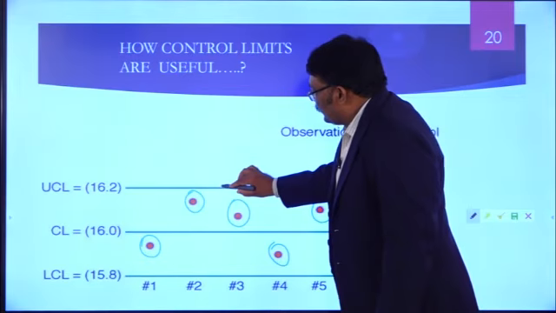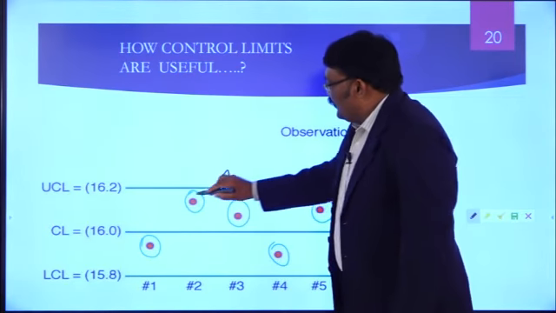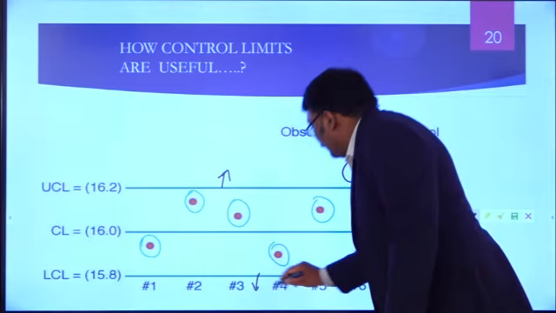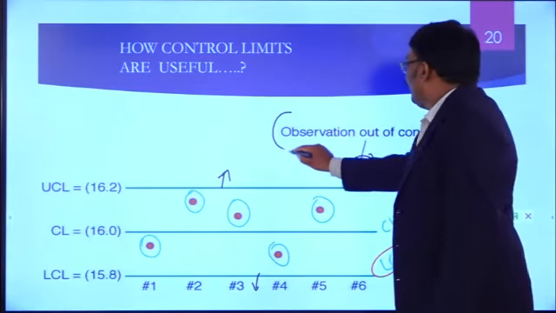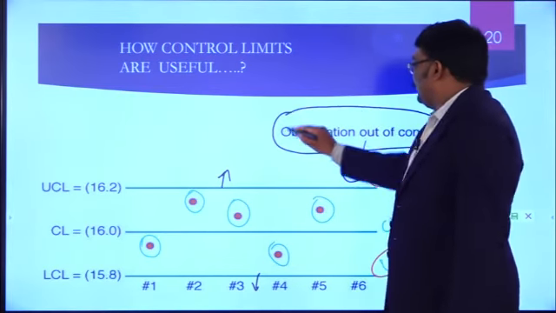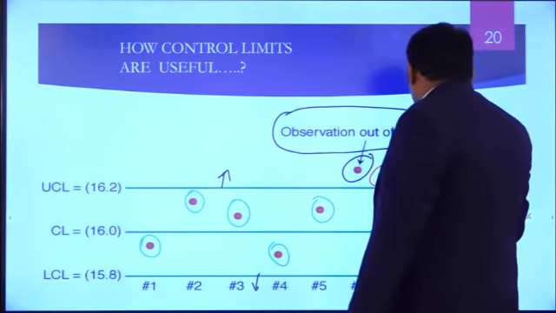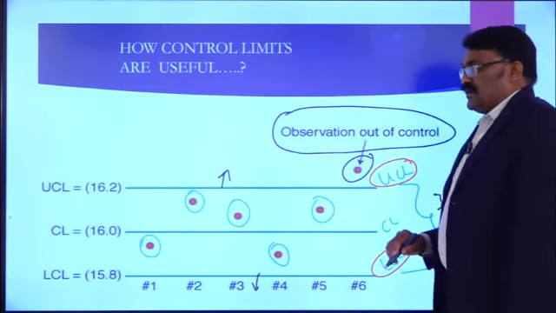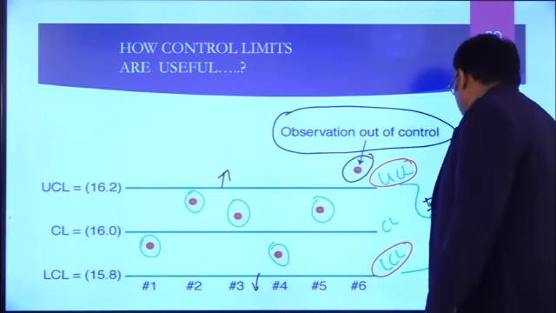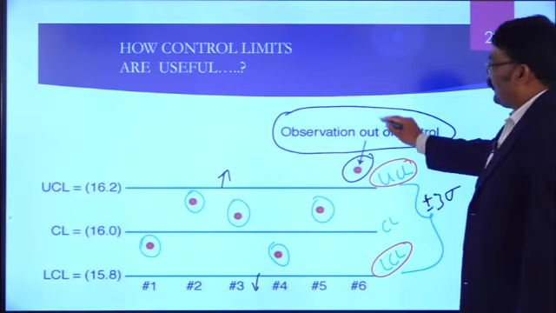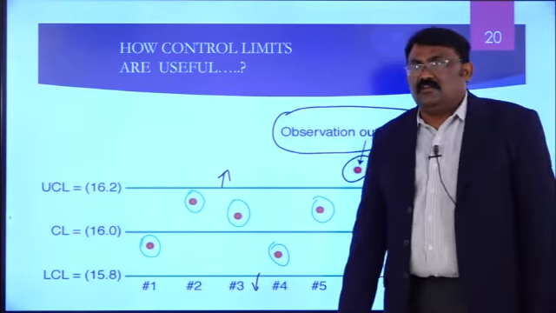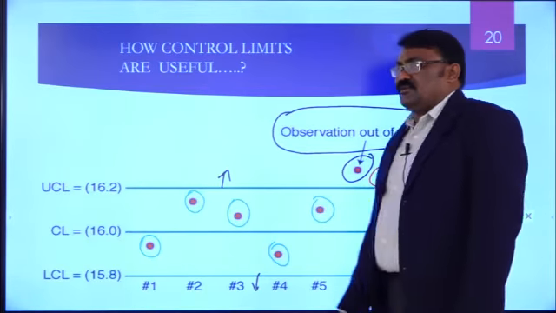That means it is beyond the limit of UCL, and also if it is below the limit of LCL, the observation is out of control. That means it is not within the plus or minus 3 sigma limit, and we are supposed to reject that particular product.